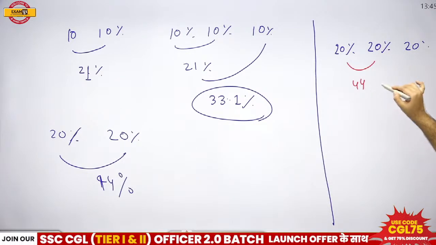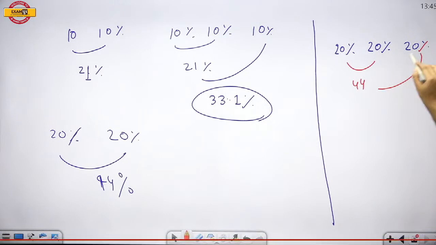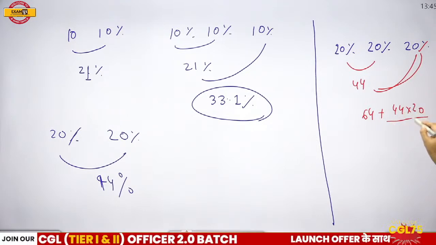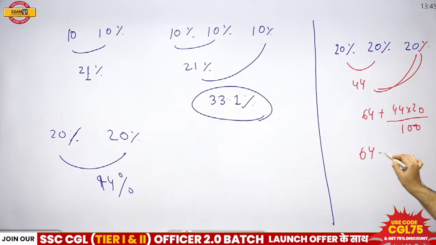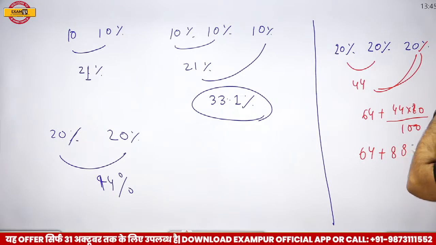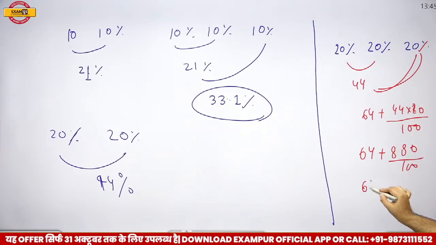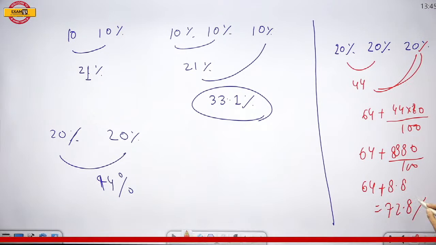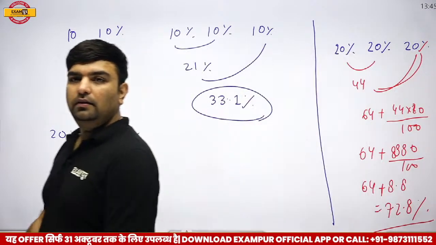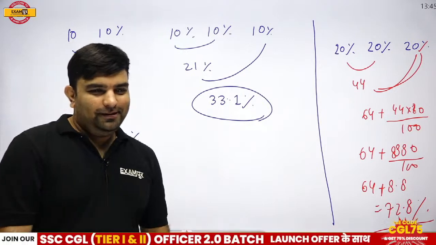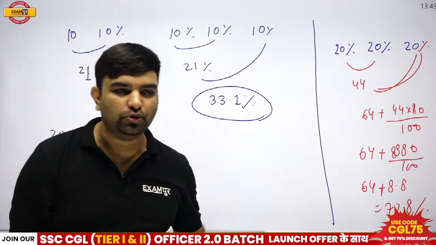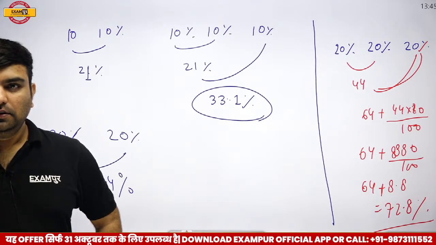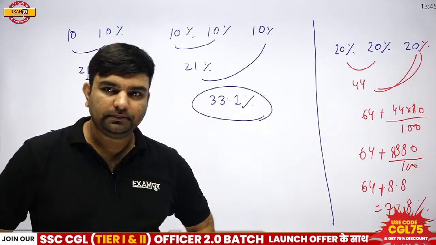From here 44, and 44 and 20 is A plus B plus A into B upon 100, which gives 72.8%. So these few values you can remember.